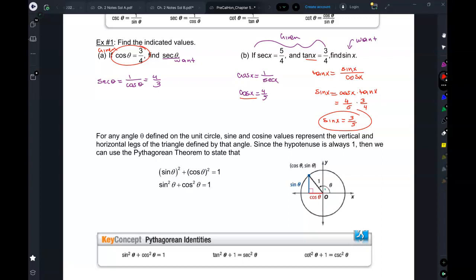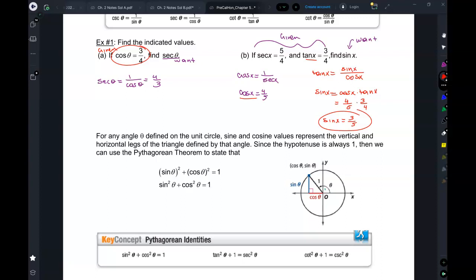Okay, well, yes, you can draw a triangle. Yes, all this can be solved with a triangle. However, in this chapter, we are learning about identities. So you can check your work using a triangle, but I need to see you having solved it with an identity if you want full points. So for the duration of chapter 5, that's what I do. Then when these show up again on the final, you can choose whatever you want. Okay?